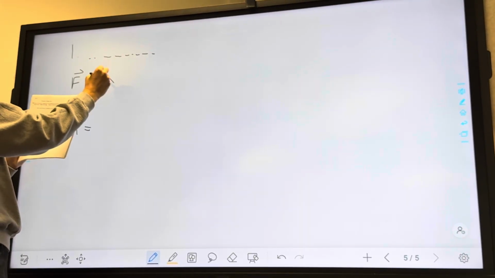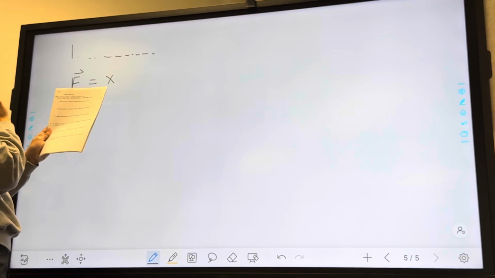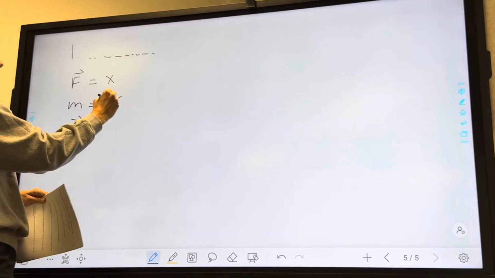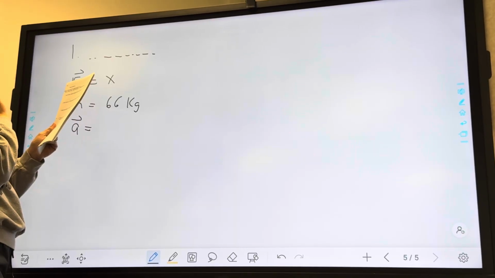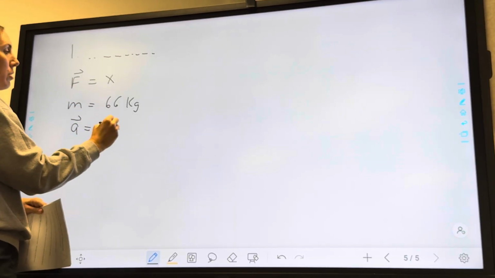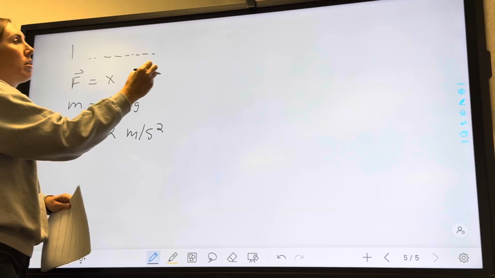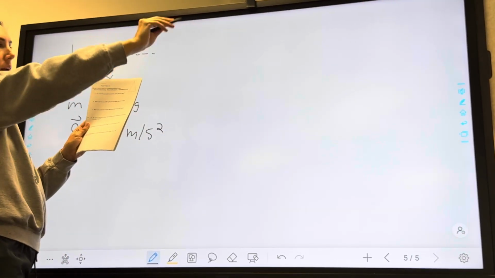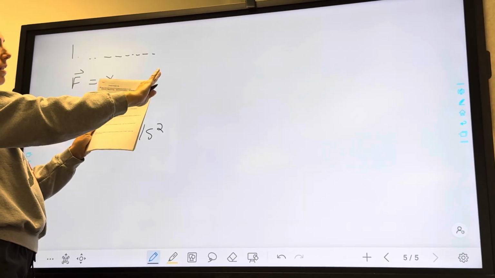So for number 1, how much force is needed? So that is my X, I don't know force, to accelerate a 66 kilogram skier at 2 meters per second squared, okay? You have your triangle up there, and it's okay if you just cross off on your triangle and then you solve down here.